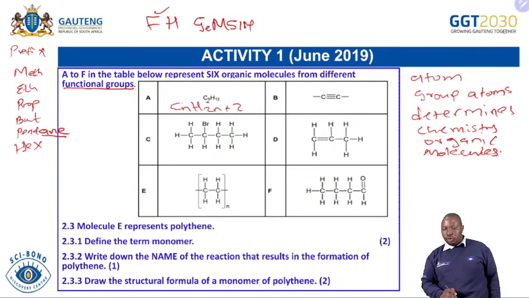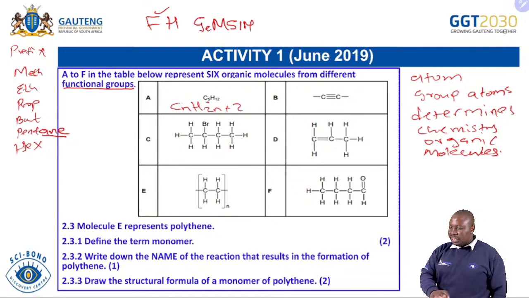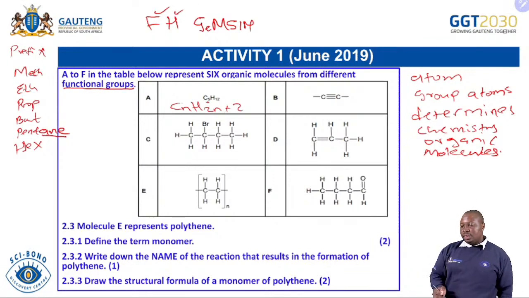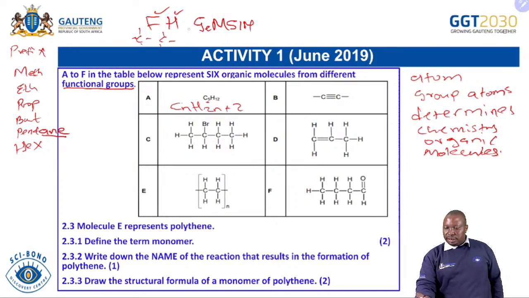What is the functional group? So already you indicated that these are single bonds, carbon-carbon single bond. This must be alkanes. When you know the functional group, it tells you the homologous series. Because the functional group here is a carbon-carbon single bond, you say the homologous series is alkane.